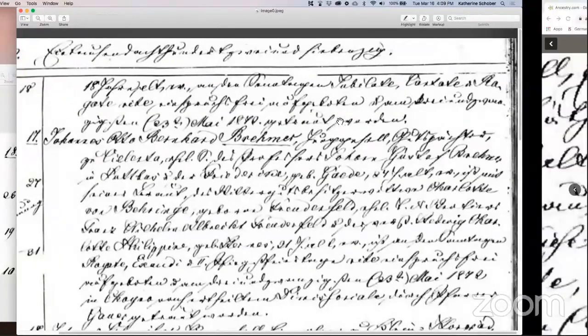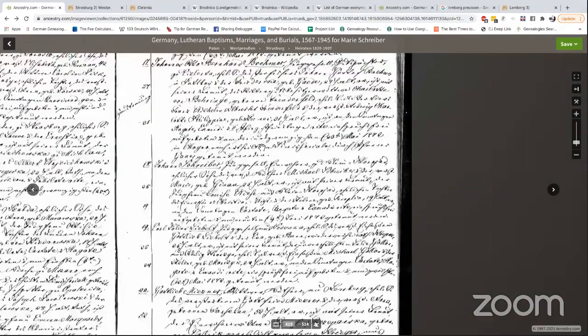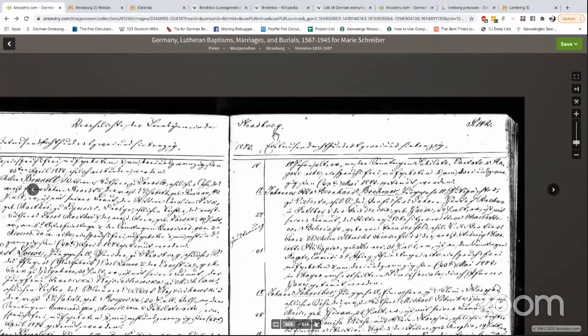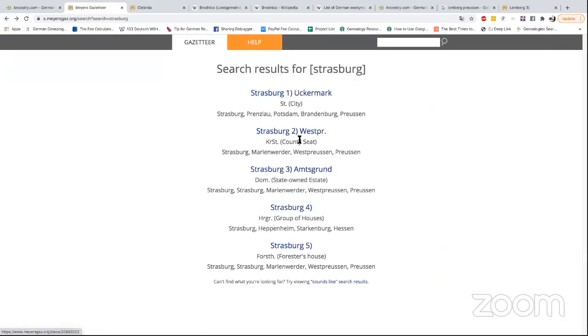But when I went on Ancestry, a great clue was written at the very top of the page, the Landgemeinde Strasbourg, and that put me on the right track for finding my town. I then went to Meyer's Gazetteer, tried to look on the historical map here once I was able to narrow down which Strasbourg it was.